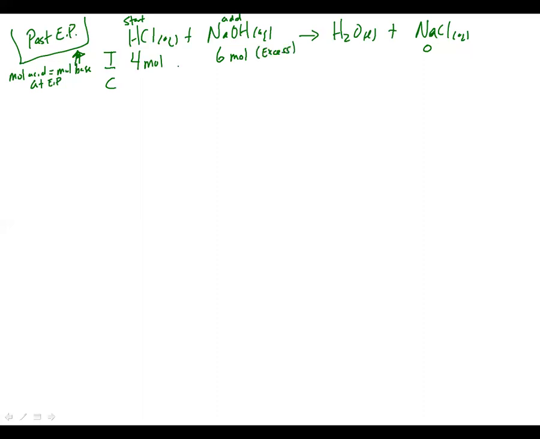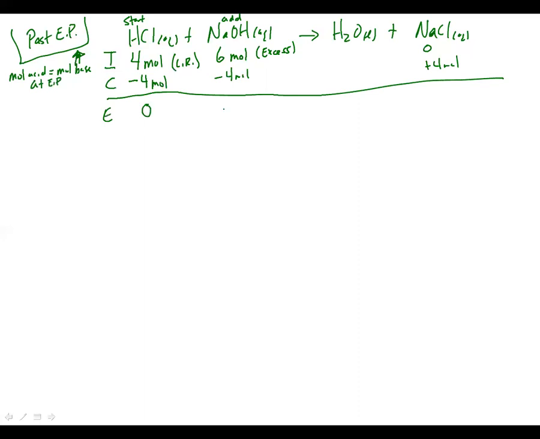And our HCl becomes our limiting reagent, which means the change part that's going to occur is actually the HCl in this case. So that's going to be minus 4, and plus 4 in this case. Which means when we reach equilibrium, we would have used up all of our HCl. We will have 2 moles of this guy here.